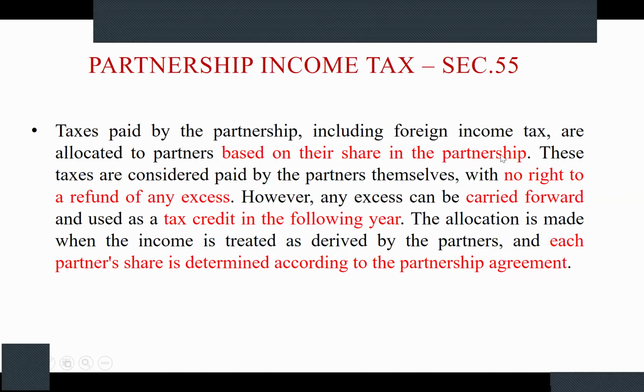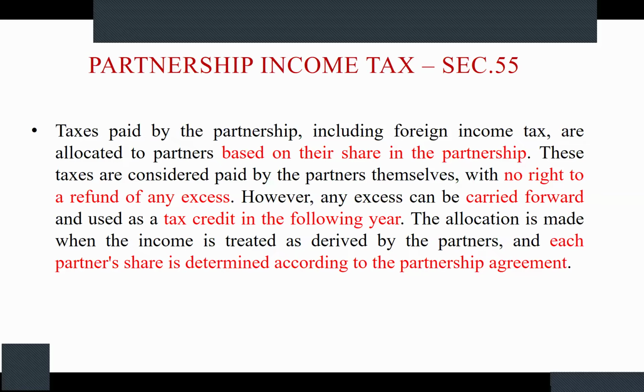In the partnership, they have a specific ratio to share their profit. Sometimes partners can share their profit equally. If there are 3 partners, 1/3 each, 1:1:1. That is the profit allocation ratio.